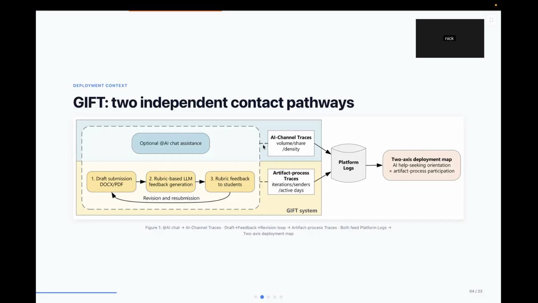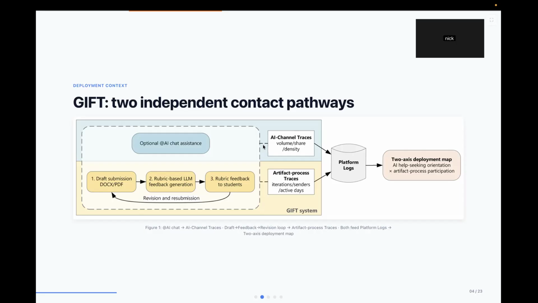After getting the feedback, students could either call @AI chat, send a message to AI and get support from our AI system, or they could update their reports and try to submit again.